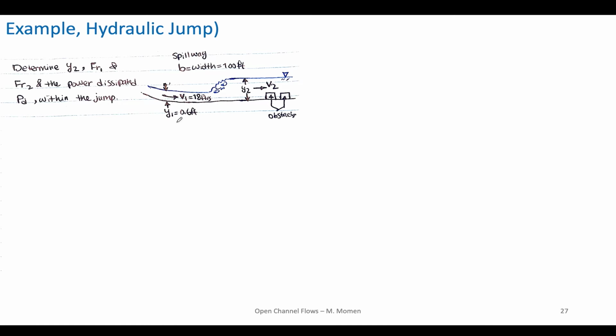So let's look at the first problem. In the first problem, you can see that we have a channel like a spillway. These are some common open channel flows, especially in engineering design. For example, when you are designing dams or open channels, you have a spillway here, and then we have some obstacles downstream.